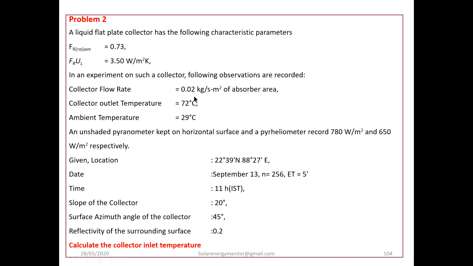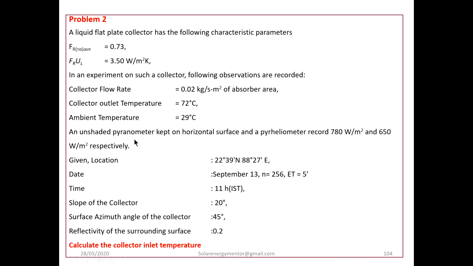Collector flow rate is given as 0.02 kg per second per meter square of absorber area. So please note this here, the mass flow rate is given as per meter square of absorber area. And collector outlet temperature 72 degrees Celsius. This is TFO. Ambient temperature TA 29 degrees Celsius.